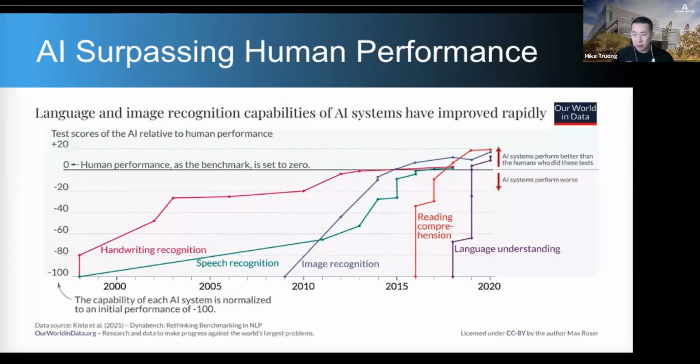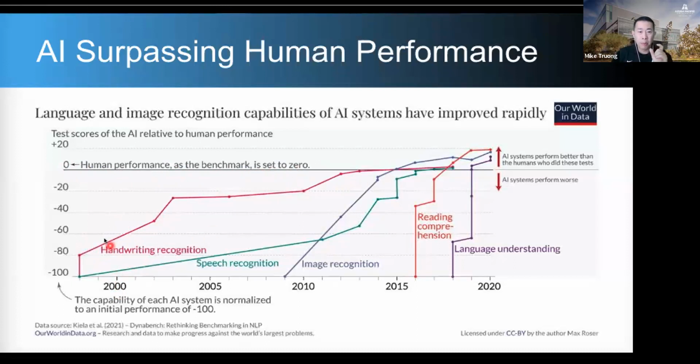Let me see if I can find my little pointer here and walk through this. So this line here represents human performance, meaning the average human being and what they're capable of doing. And the different color lines are what the AI can do for specific models.